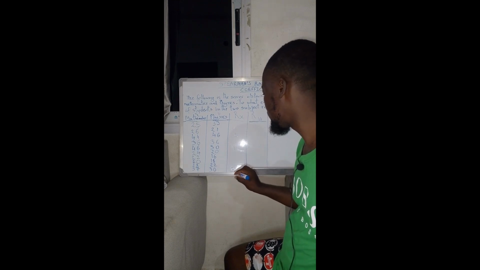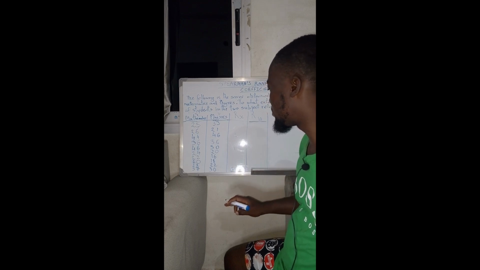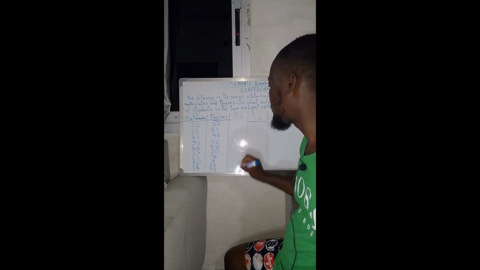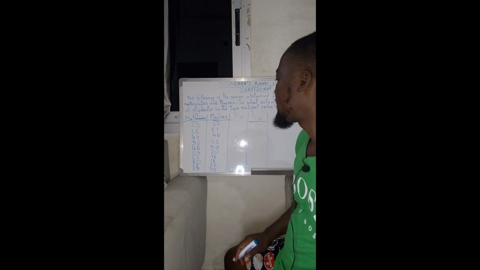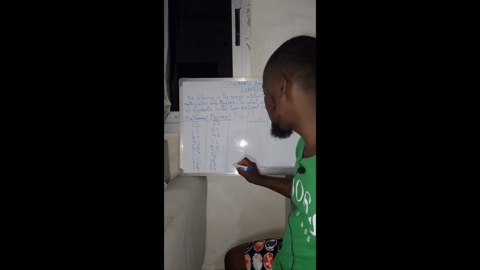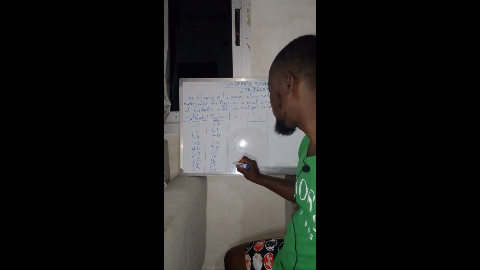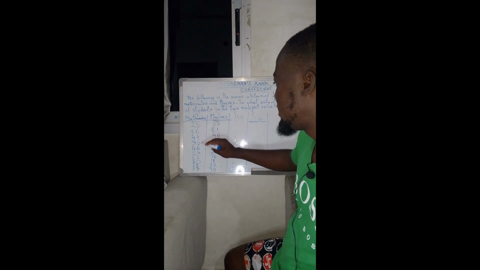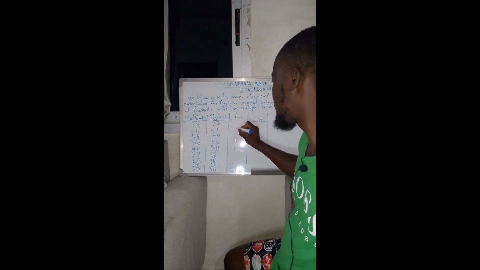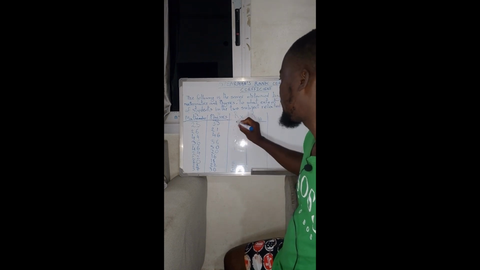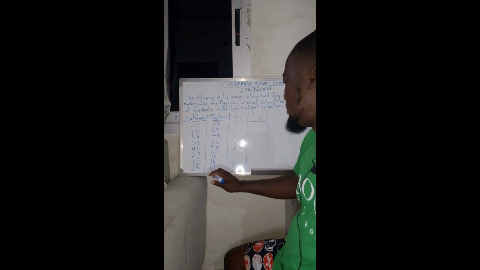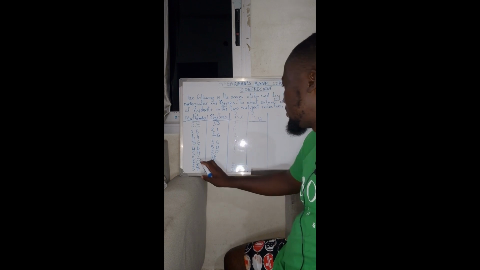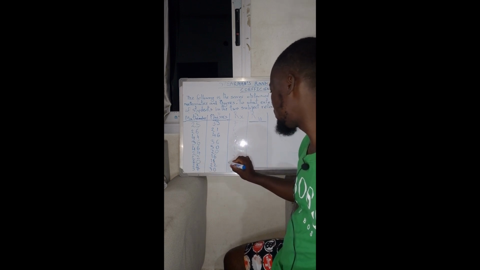We also have 36, the fourth position, then 28 as the fifth position, 26 the sixth position, 25 the seventh, 24 as the eighth position, 22 as the ninth, and 20 as the 10th.